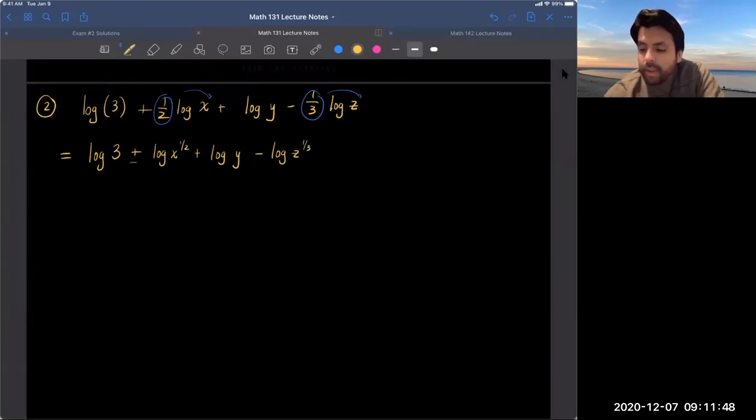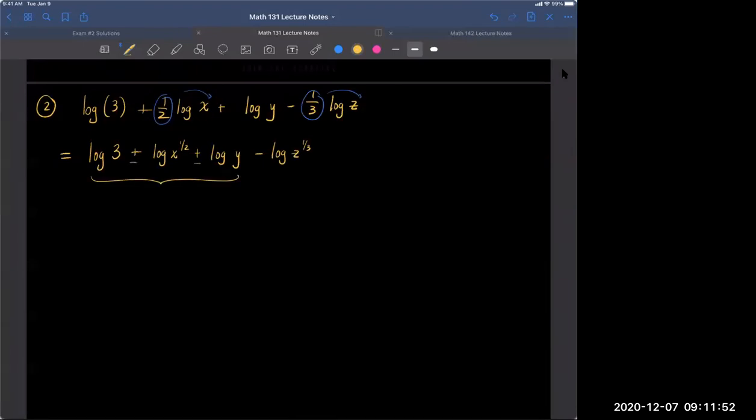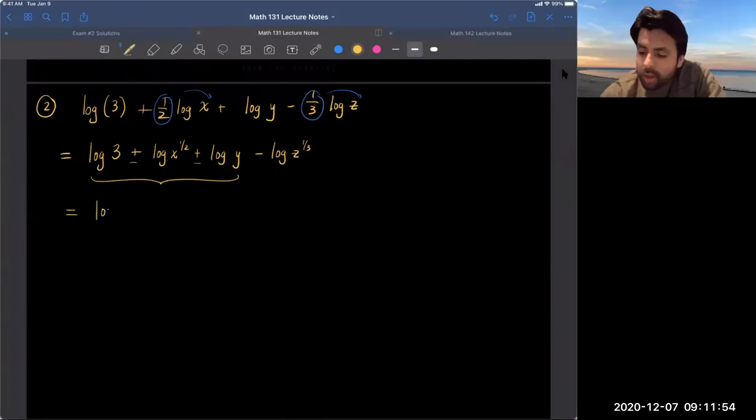Now, all the pluses are going to be combined by multiplication. So I get log of 3 x to the 1/2 y, minus log of z to the 1/3.